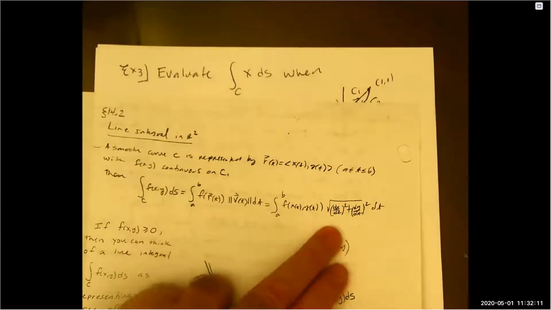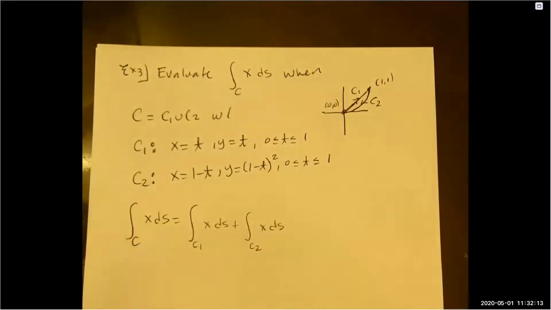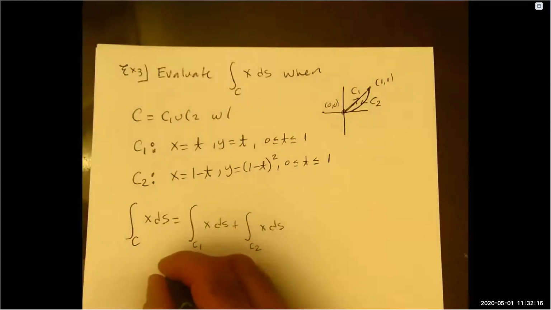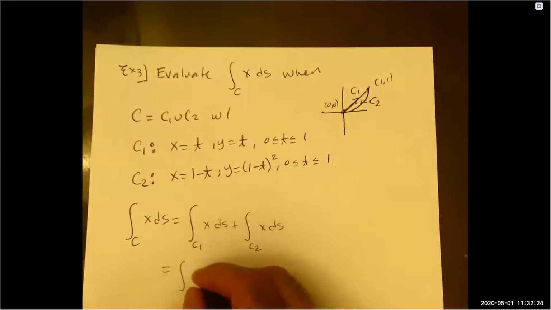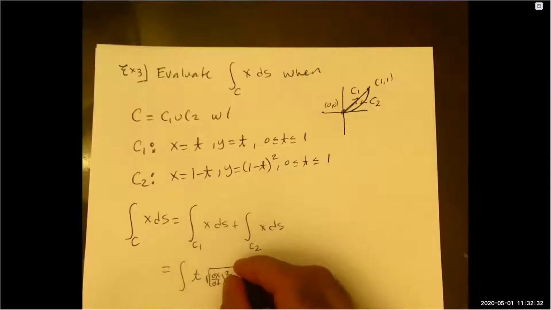So if we look at this first one, we're going to replace the x with t. So we're going to have t, and then the square root of dx dt squared plus dy dt squared dt.